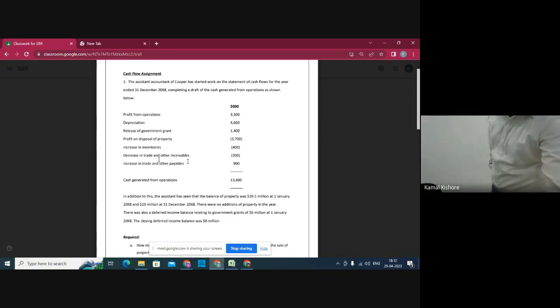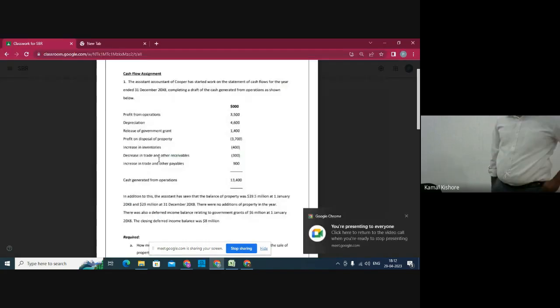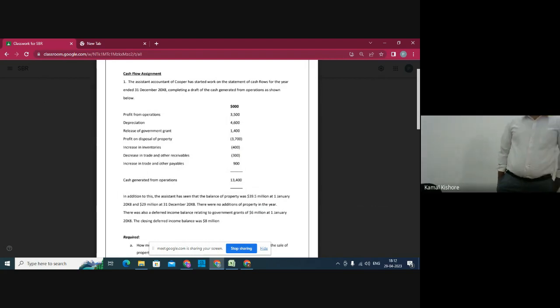Decreasing trade and other receivables. More cash outflow. So it should be negative.